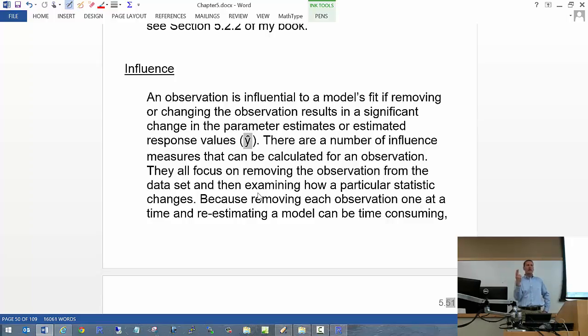Now we're going to look at a situation where perhaps an observation is fit well by the model, meaning its y is close to its y hat, but that happens because that observation is influential, meaning it has way too much influence on deciding what the model is.